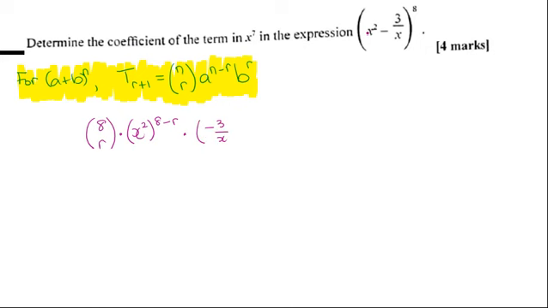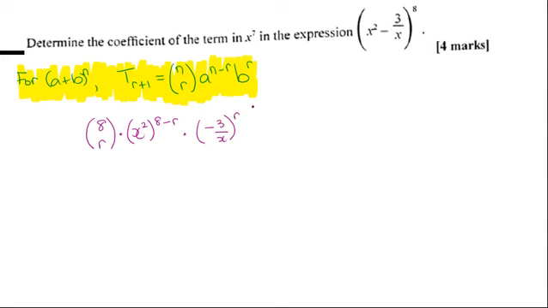Be careful with that negative sign. The b would actually be negative 3 over x because this would be a plus, and then you have b, right? So x squared plus negative 3 over x. So the b is actually negative 3 over x. And that is raised to the r.